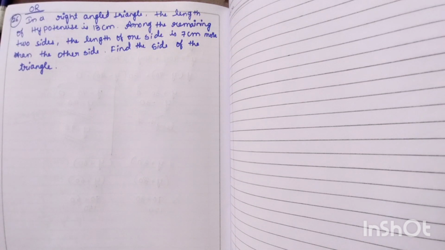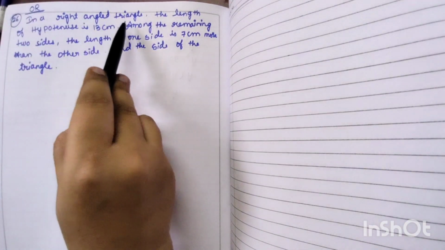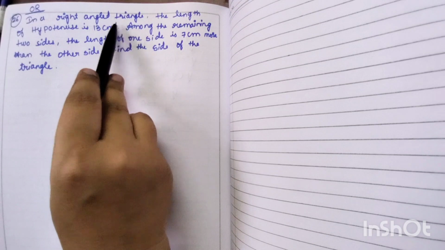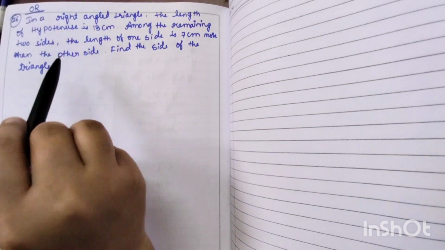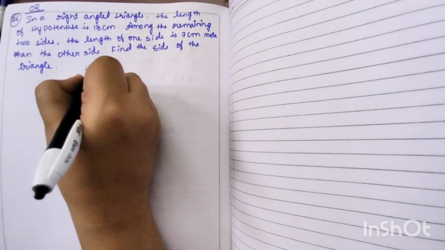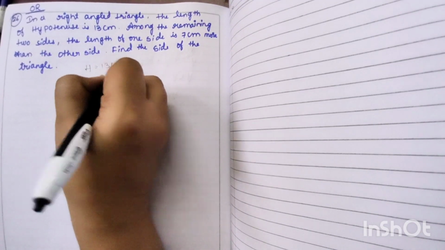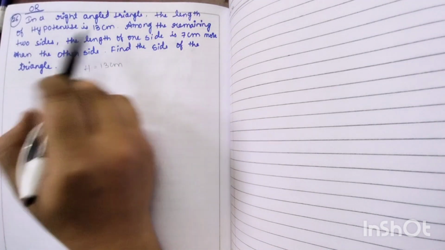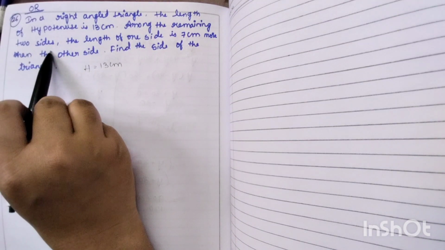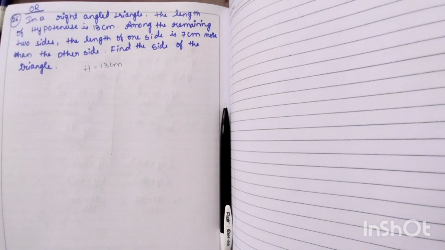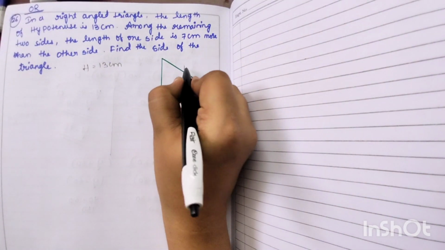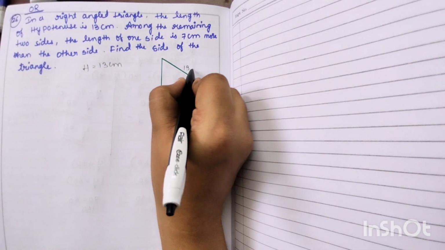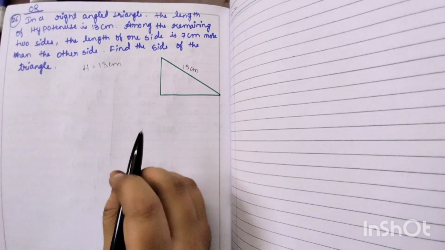Okay. So in a right angle triangle, the length of the hypotenuse is 13 centimeter. Among the remaining two sides, first let's draw a right angle triangle. This is the hypotenuse side. Hypotenuse means the longer side. So this is the 13 centimeter they have given.